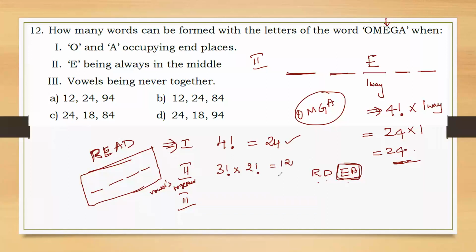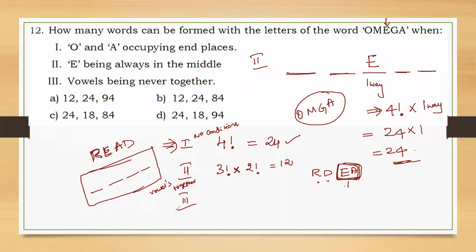That gives 12. R and D are 2 units, and E and A is 1 unit, so total 3 units. The total number of ways to arrange read is 24. With vowels together, it is 12.